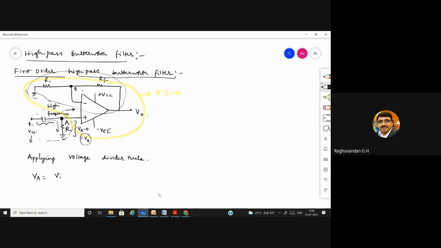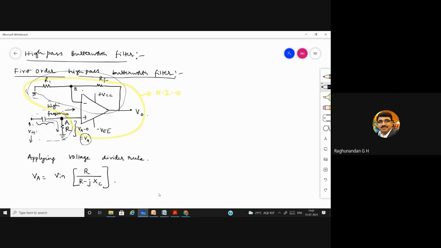VA is equal to Vin into R divided by R minus jXC. So this is the main voltage into the resistance where you are finding, divided by the total sum of the resistance. This is the resistance of the resistor, and this is the reactance of the capacitor, which we represent as minus jXC.